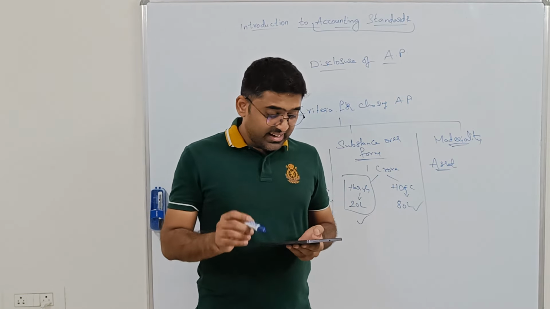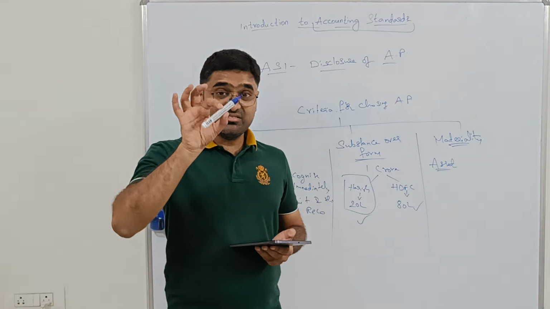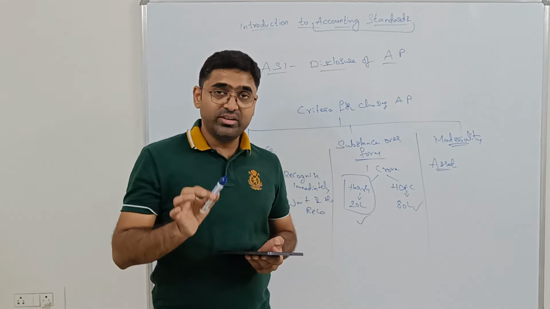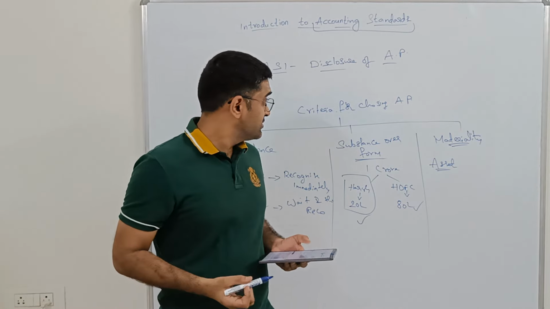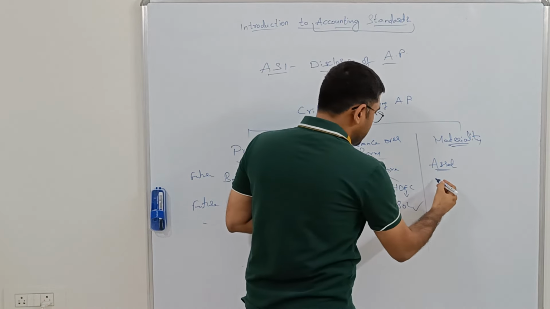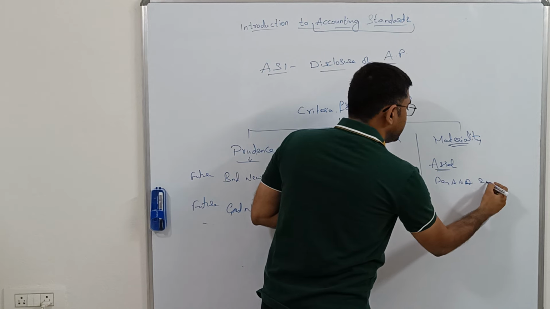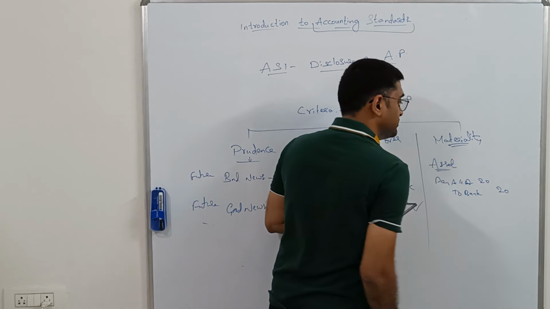Same way, can I say that this pen is also an asset because this is a resource controlled by me and from which I am going to get future economic benefit? This is also going to be an asset. If I have to account for this as an asset, I need to do what? Pen account debit 20 to bank 20.